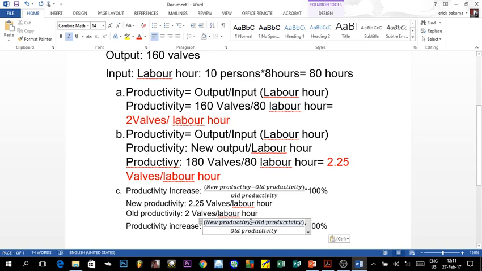So the value of the new productivity is 2.25, and the value of the old productivity is 2. We divide by the old productivity again, which is still 2. Then we multiply by 100%.